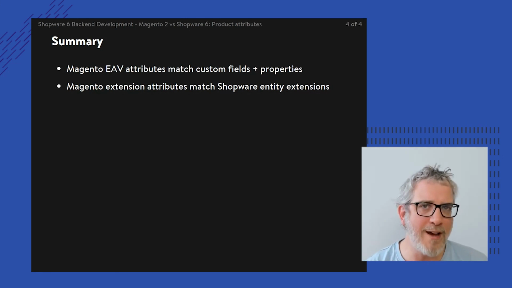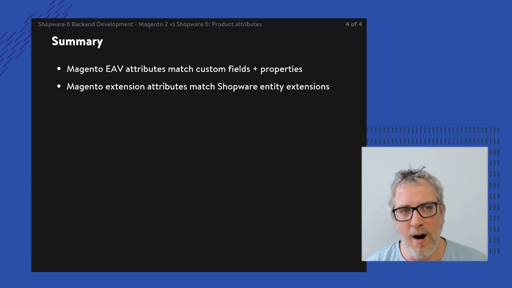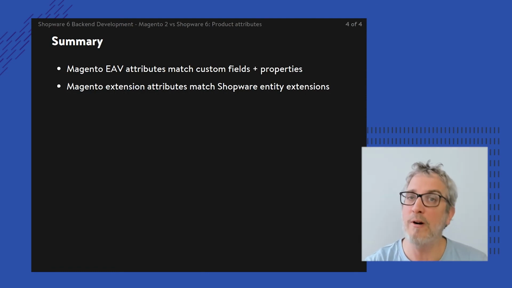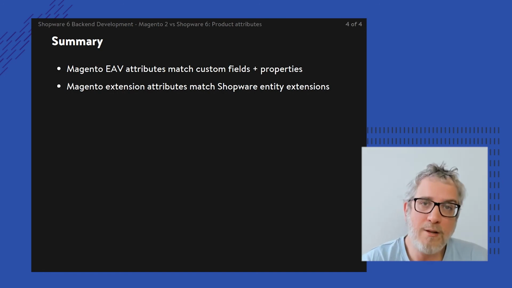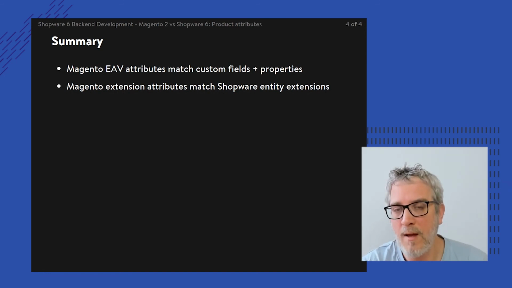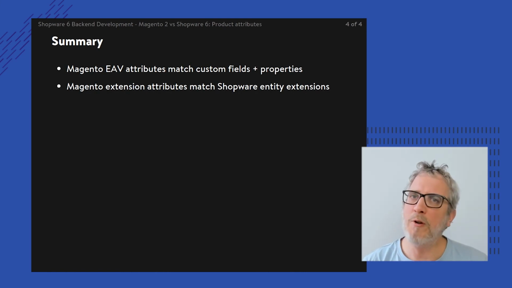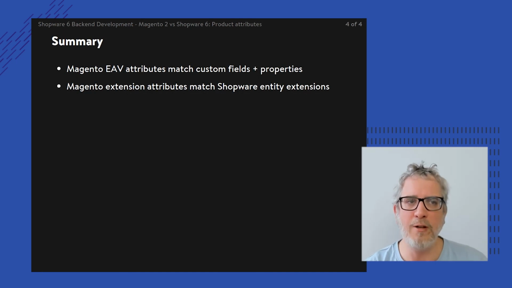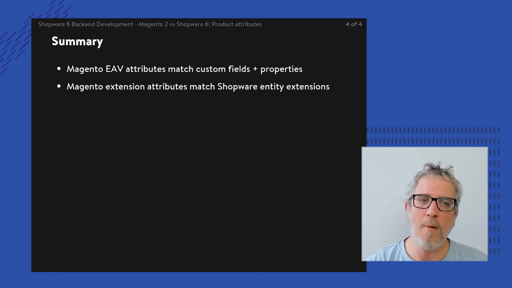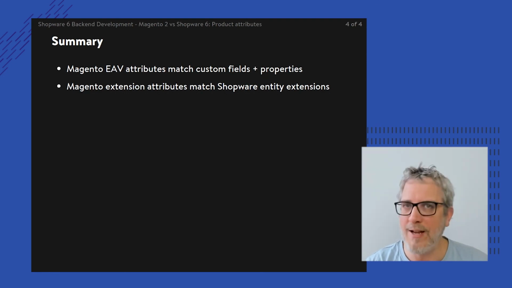So from my perspective, the Shopware architecture makes more use of this principle of entities, and therefore it leads also into more flexibility of extending upon them. Well, I'm not going to say that the one is better than the other one. I simply wanted to do a comparison, and at least now you've seen how to compare the Magento EAV attributes more or less to custom fields and those properties. And likewise, the extension attributes resemble the entity extensions.